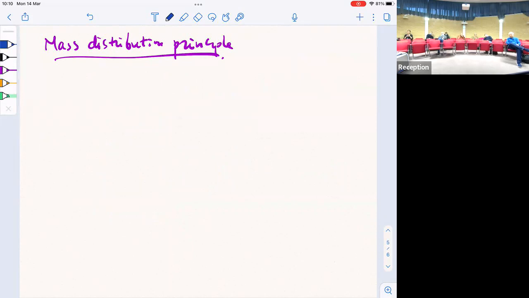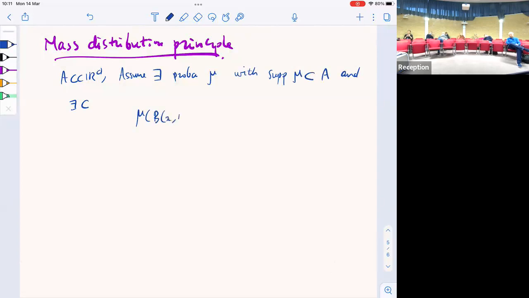So if A is a compact subset of R^d, and assume there exists a probability measure mu, with the support of the measure included in A, and that there exists a constant C such that you have a power law scaling condition, mu(B(x,r)) is at most C r to the alpha for any r less than or equal to 1, then the Hausdorff dimension will be bounded from below by alpha.